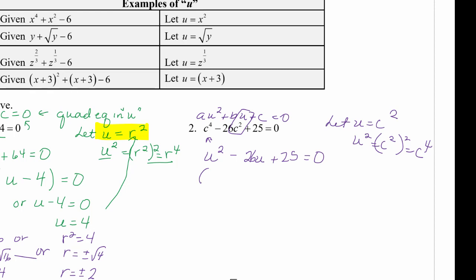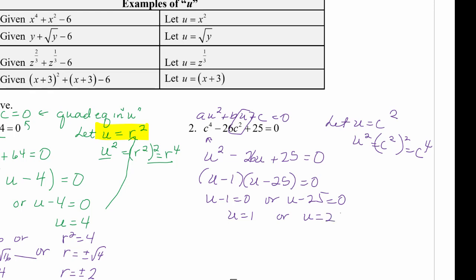So now solve this quadratic, which also factors. u minus 1, u minus 25 equals 0. u minus 1 equals 0, or u minus 25 equals 0. So here I get u equals 1, or u equals 25. But that's u. We need to solve for c.